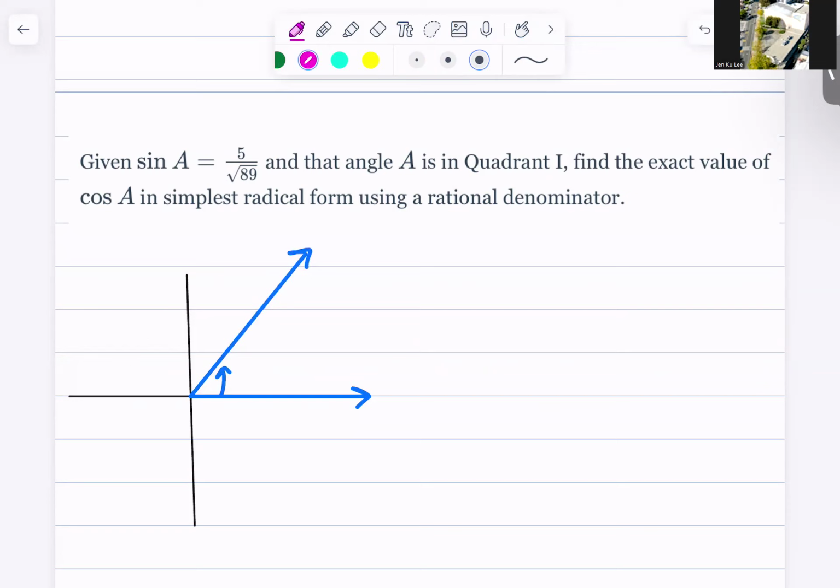I'm going to pick a point, drop it down to my x-axis, perpendicular distance, and I have my triangle, right? So here I have sine of A. This is my A degrees, and that's 5 over square root of 89. So that's going to be y over r.